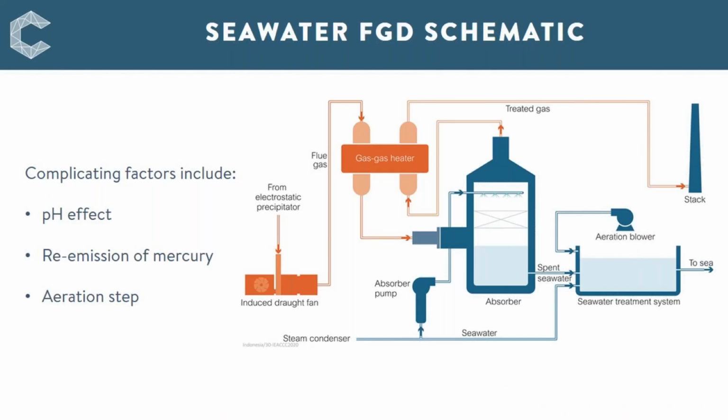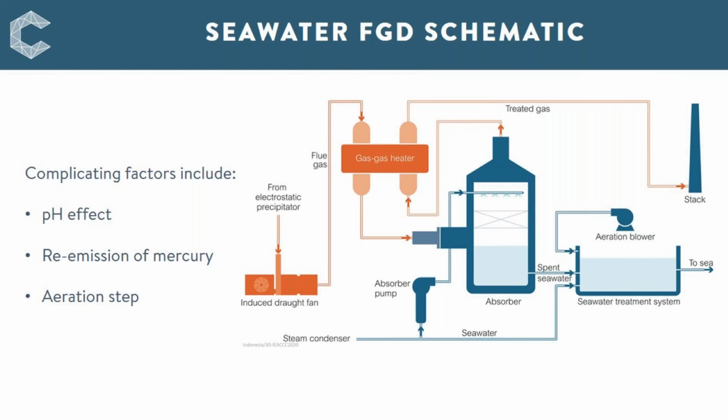So just briefly, the FGD schematic. At first glance, it looks very similar to limestone wet FGD. We are dramatically increasing specific surface area for mass transfer by finely atomizing liquid. We are decreasing liquid phase resistance by using alkali from seawater.